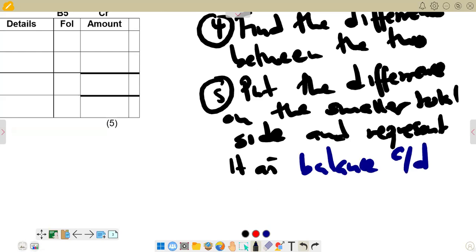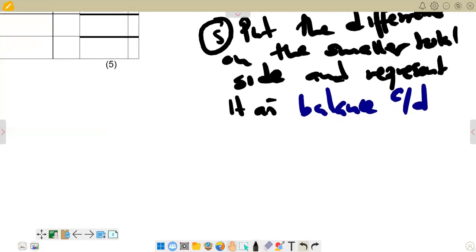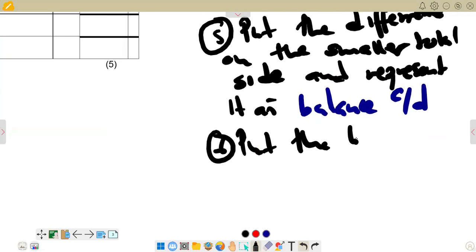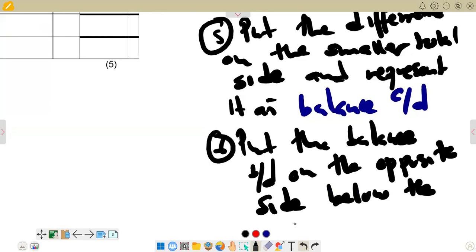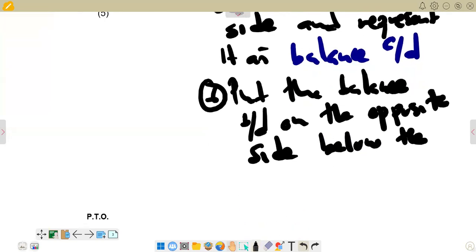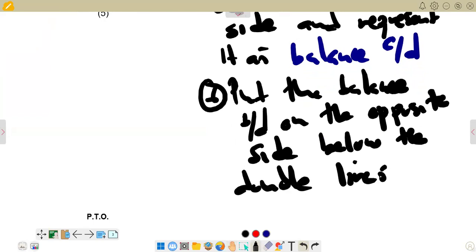Then the last stage, you have to put the balance b/d on the opposite side, below the double lines. Well, these are the steps that we are supposed to follow when we are balancing accounts.